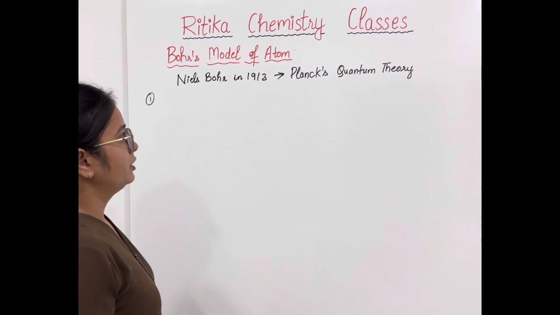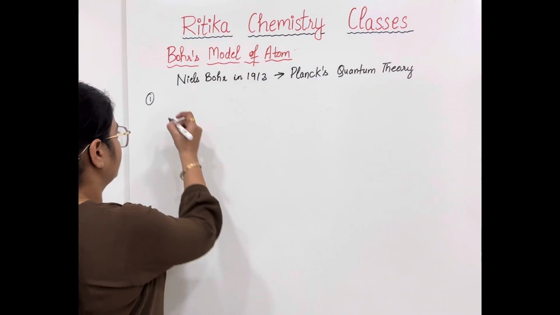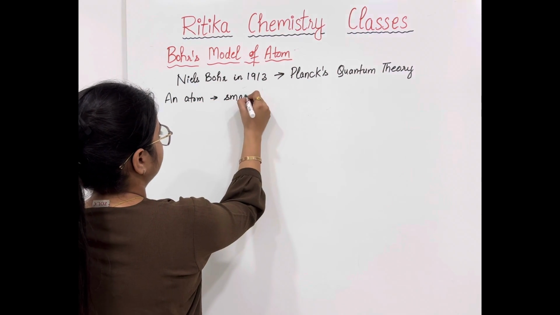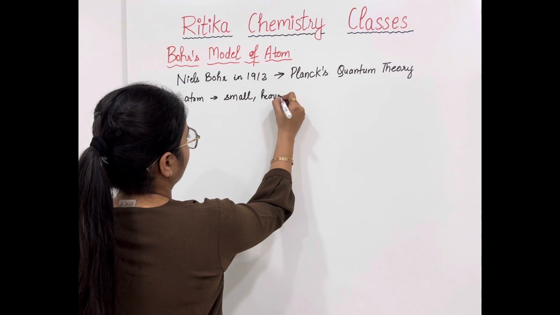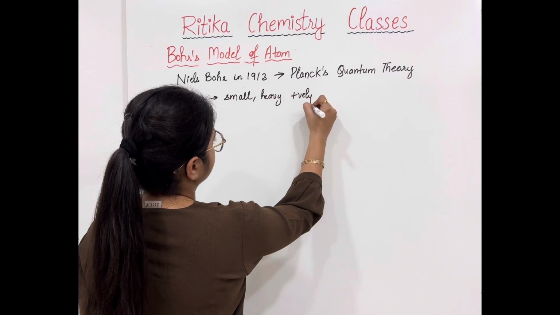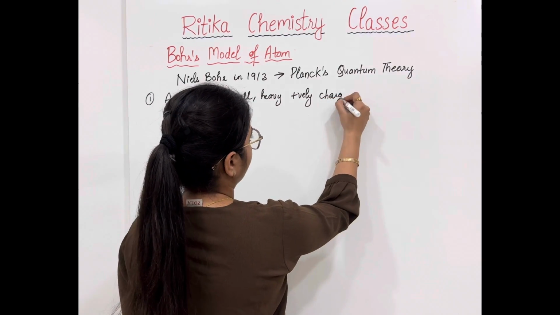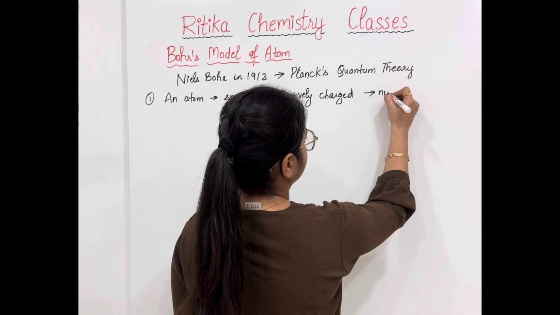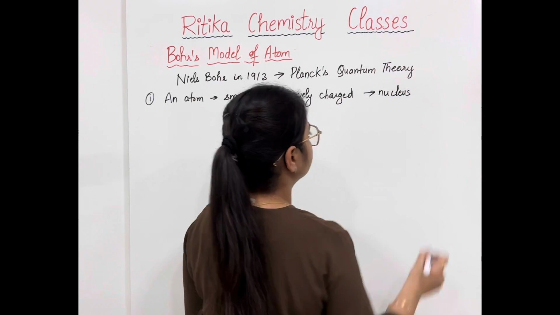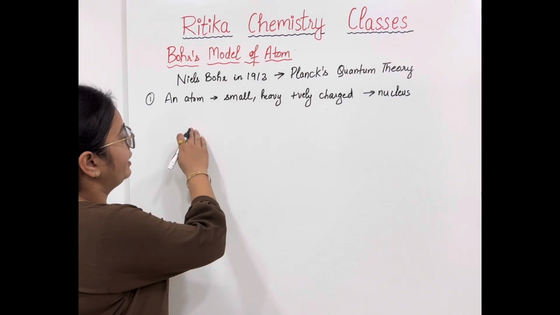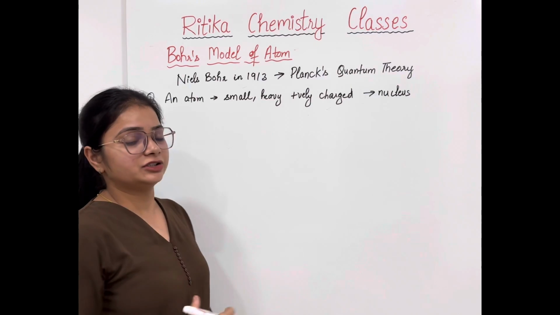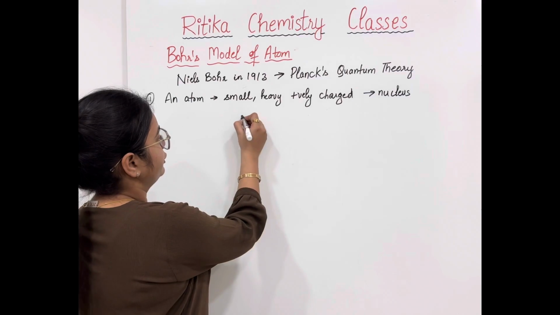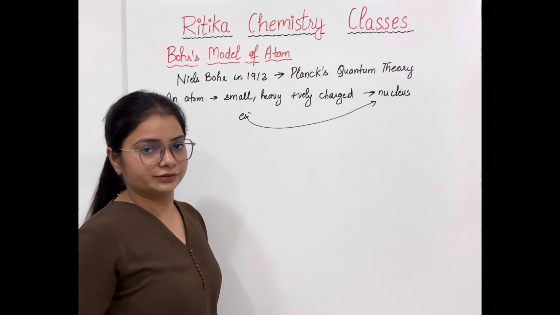First postulate: according to this model, an atom consists of a small, heavy, positively charged body at the center, known as the nucleus, and the electrons revolve around this nucleus.